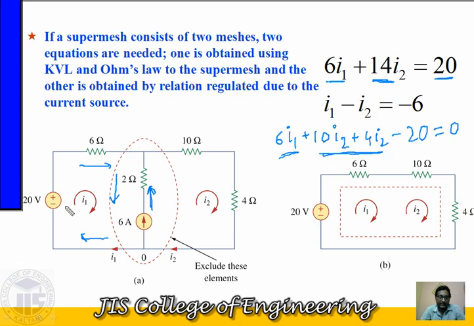Similarly, we have considered the I2 current left to right, in the clockwise direction. So our I1 current direction is up to down, and our I2 current direction is down to up.